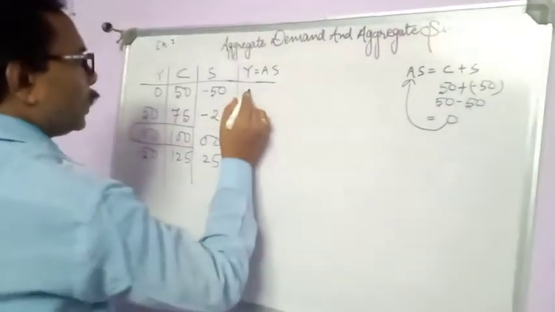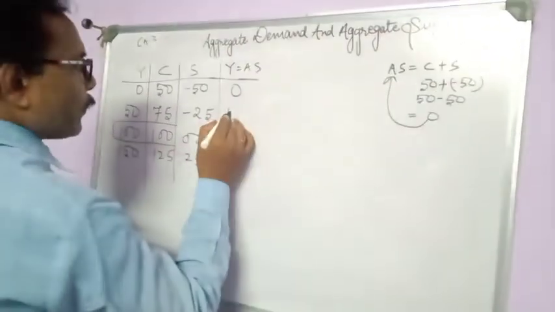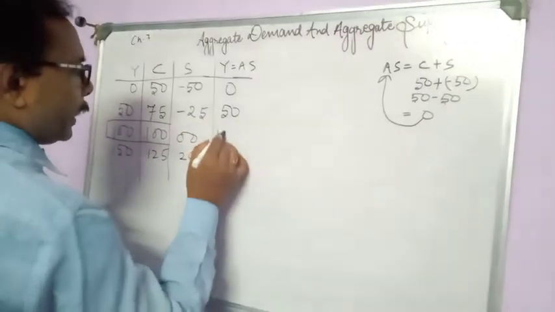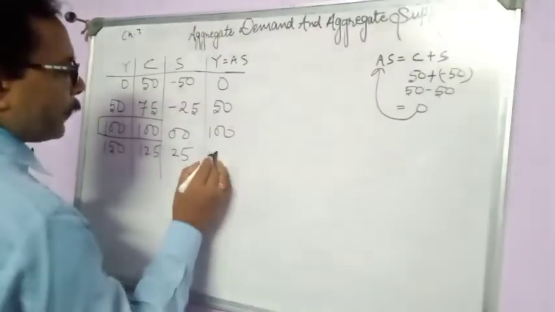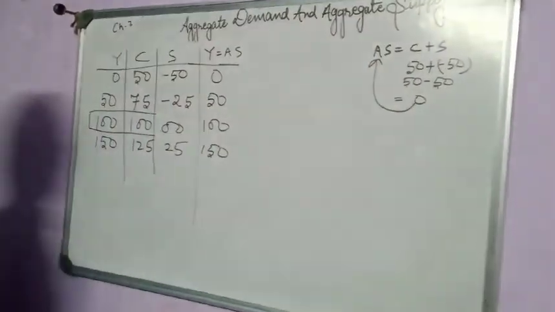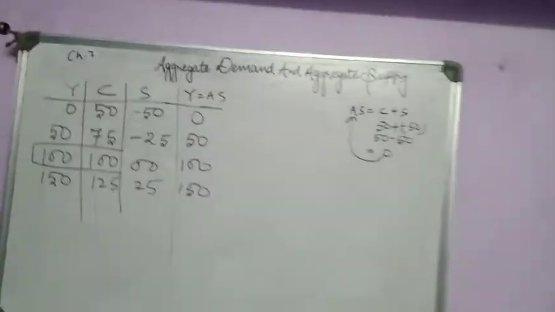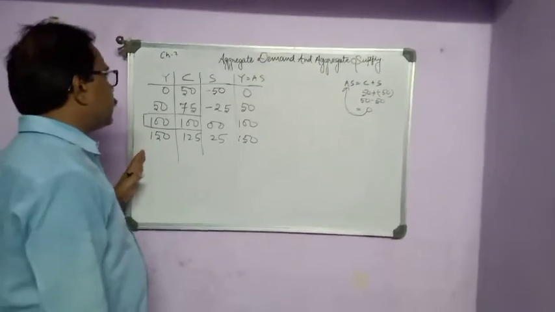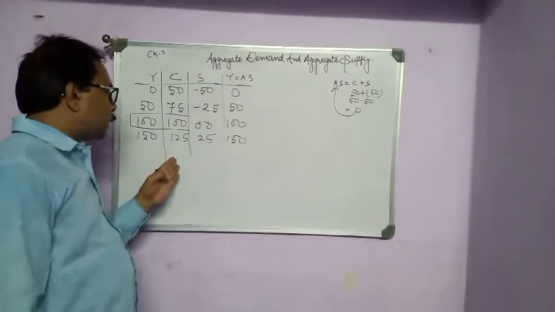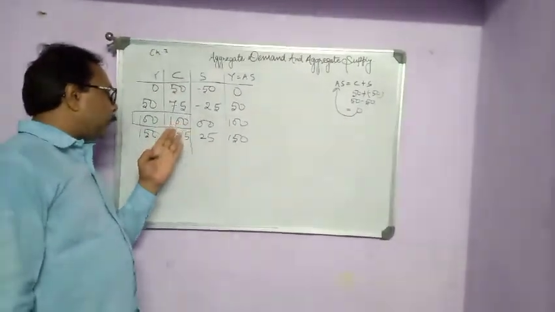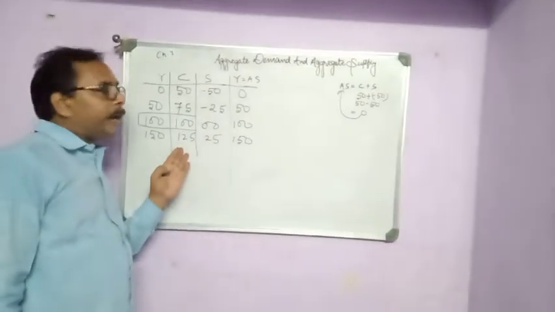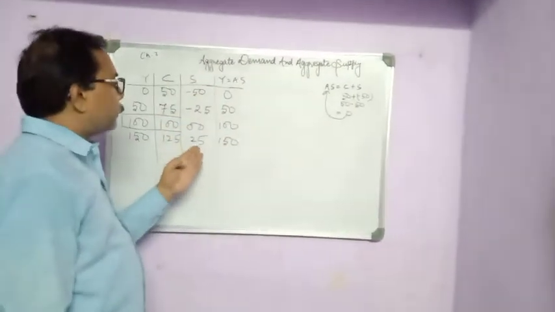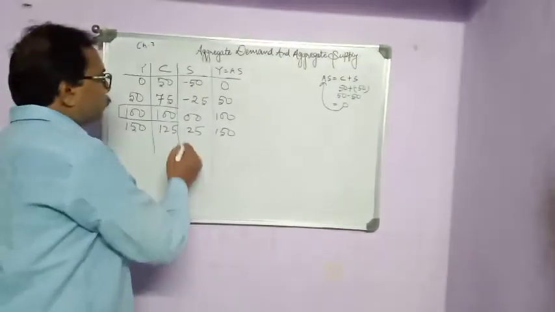Clear? So 0, 50, 100 and 150 is our AS. In this way we find that as the income is increasing, consumption is also increasing, but reaching a point it increases at a slow rate, and due to that the saving will become how much?